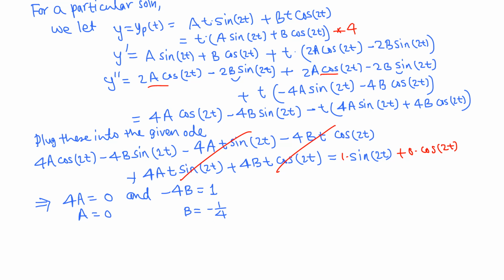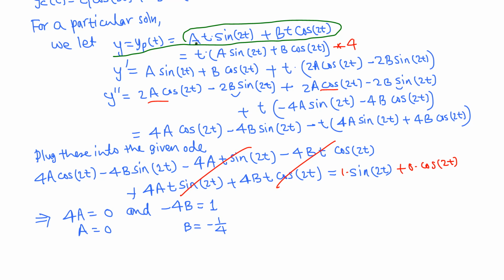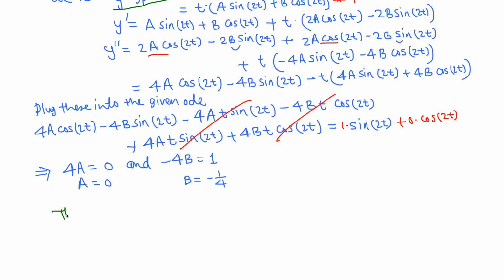So for the particular solution, a is 0, so we don't have the sine part, just bt cosine 2t, and b is negative 1/4. So a particular solution is negative 1/4 t cosine 2t.